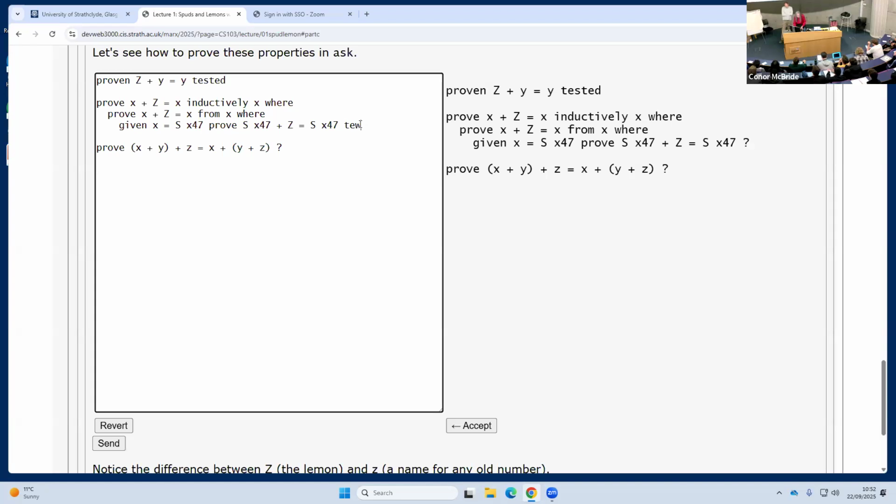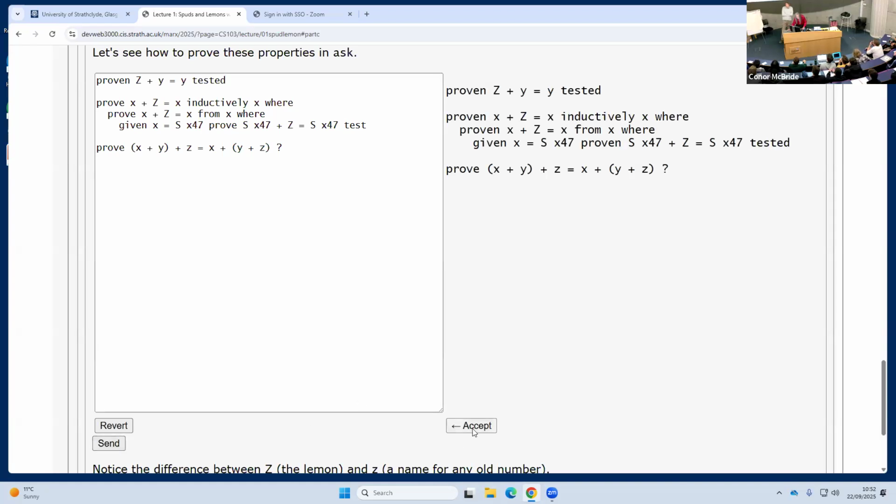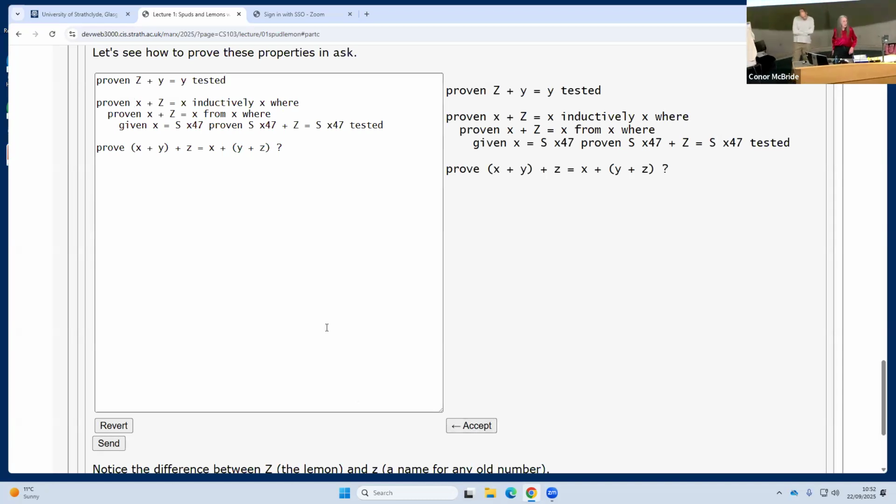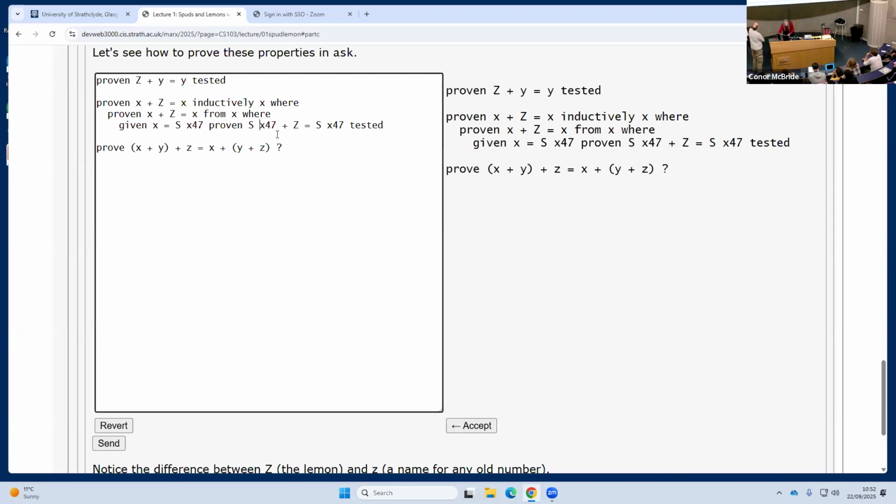So now if I say test, then actually that's the proof done, because the computation takes one step, and the left-hand side turns into that thing.